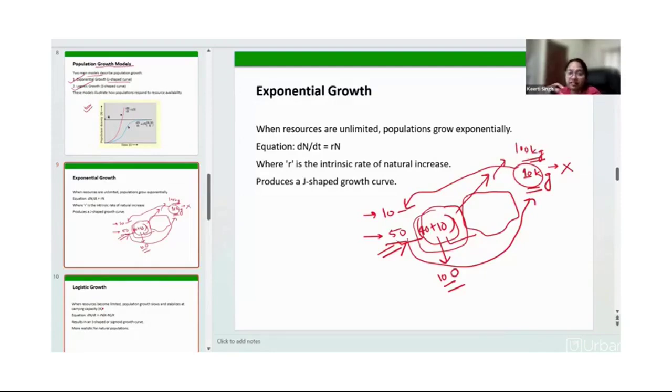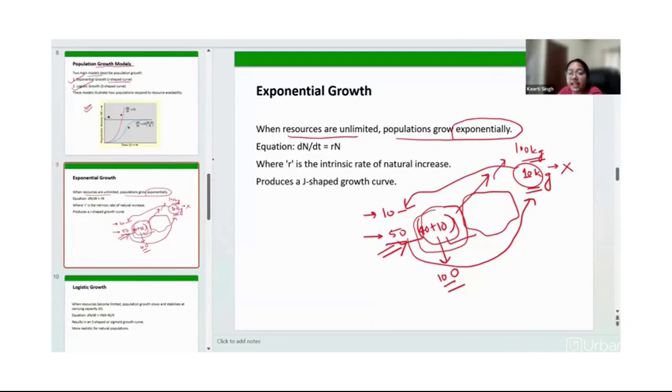So to study this population growth, we are going to study two growth curves, right? One is this exponential growth. When the resources are unlimited, the population grows exponentially, right? There will be a sudden hike in the number of individuals.